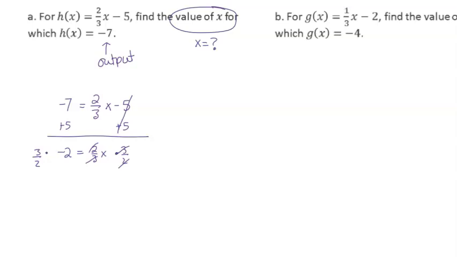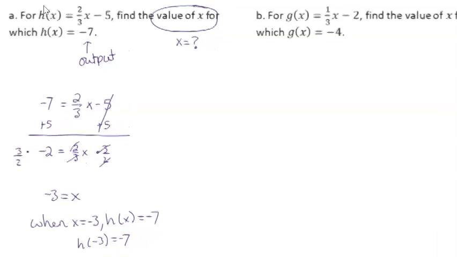So 3/2 times -2 is going to be -3. So what that means is when x equals -3, sorry, not f of x, this one's called h. H of x equals -7, or h of -3 gives us -7. That's what that means.